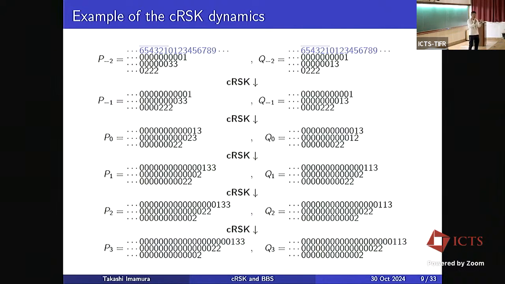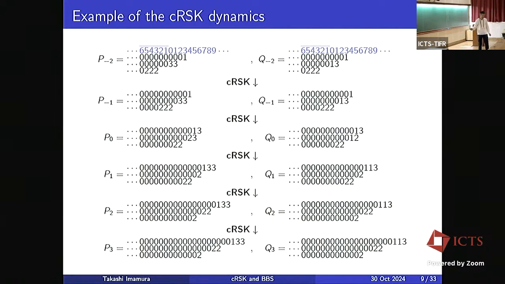So in this object, something collides and scattering happens. But surprisingly, this 3, 2, 1 structure, the length 3, length 2, and length 1 structure, is recovered when t is sufficiently large, and they move linearly. This already appeared in the usual Skew RSK dynamics, but it also appeared in the box and ball system.